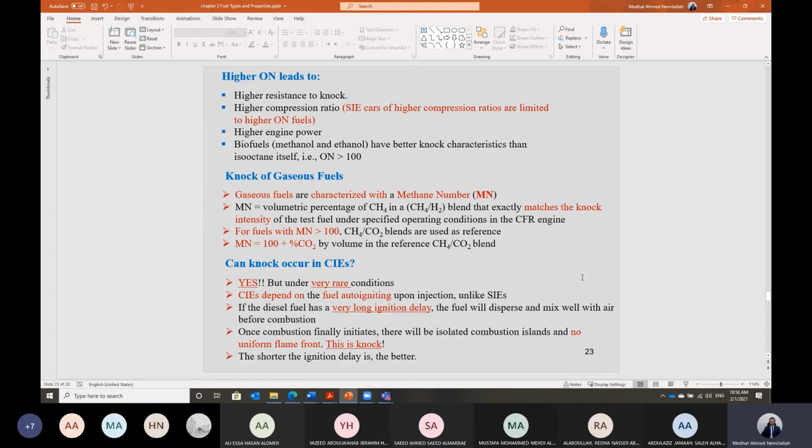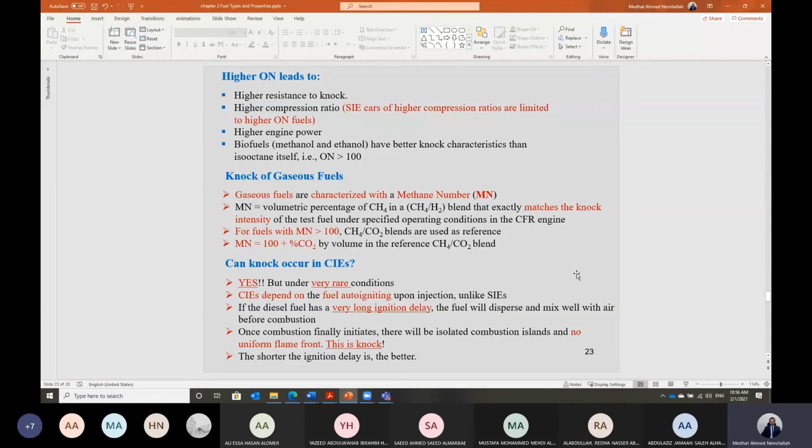So we inject the fuel, then the fuel mixes rapidly with air, then it self-ignites in one shot. But if it is a lower grade fuel, when we inject the fuel inside the cylinder it will take time to self-ignite. This time, shabab, the fuel will spread inside the cylinder and mix with air at different concentrations. Then, when the pressure and temperature are raised, the combustion will not be initiated at the same time.